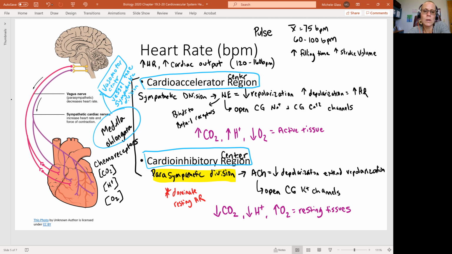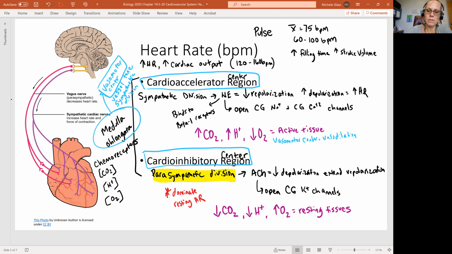So also when we talk about having elevated carbon dioxide gas and elevated hydrogen ion, we'll also see here, in addition to stimulating the cardio accelerator system, this will also stimulate the vasomotor center in order to get vasodilation.